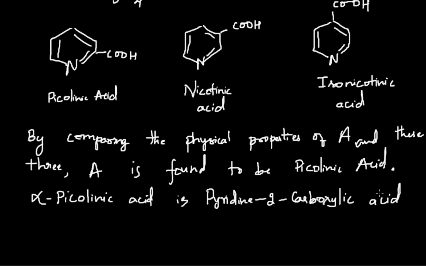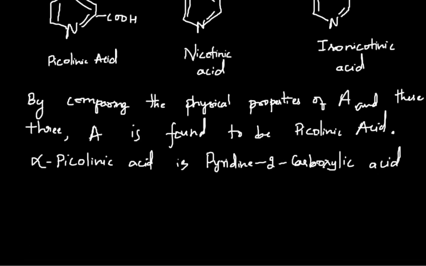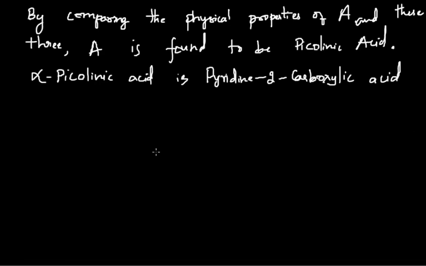Now what this means is that A, this oxidation reveals, the information that this oxidation reveals is that, so this suggests no, A is not found to be picolinic acid.